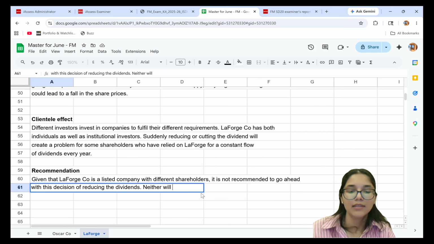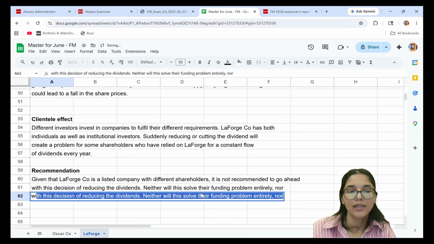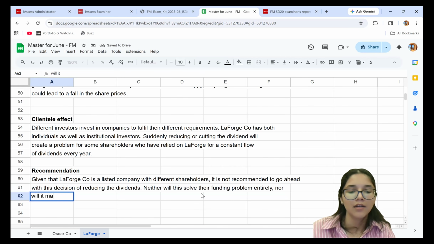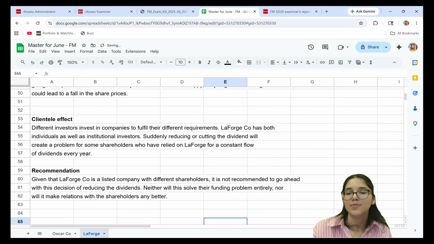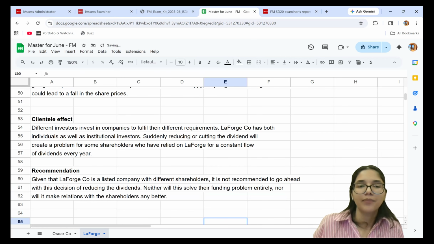Neither will this solve their funding problem entirely, nor will it make relations with the shareholders any better. So that is why we are saying that the company should not go ahead with this particular arrangement.